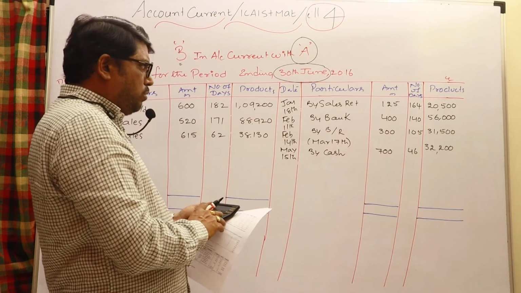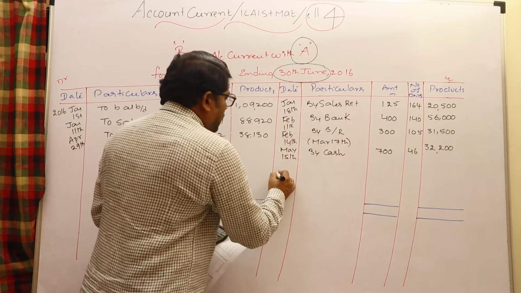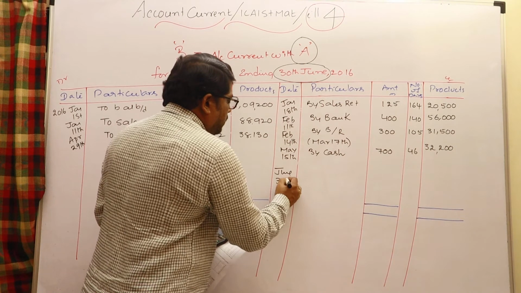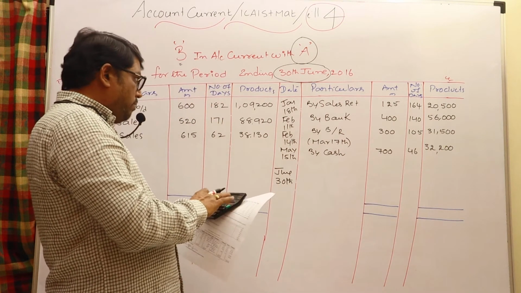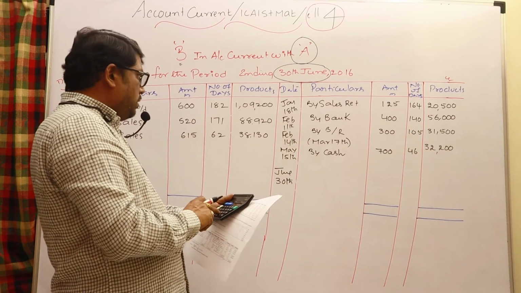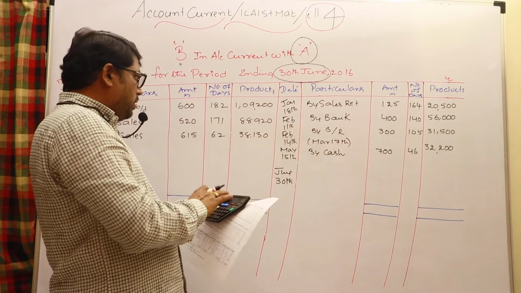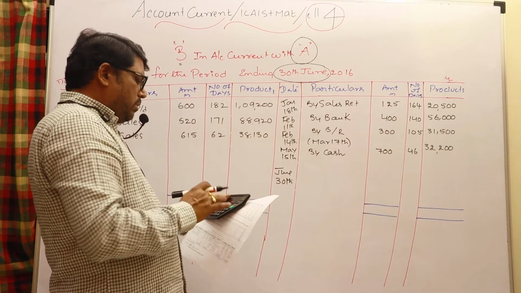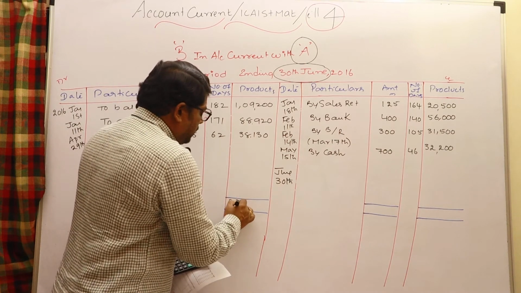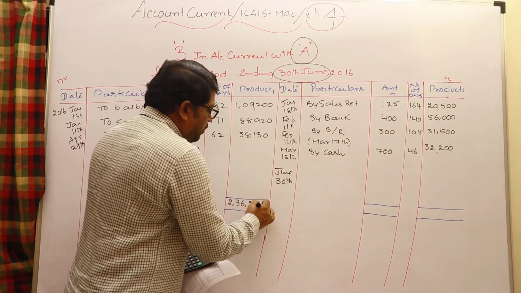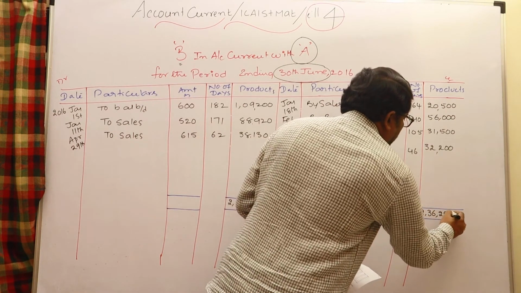Now you have to go for the balance of products. The debit product is more, so go for the balance of product on June 30th. Look at the total of the debit side: 1,09,200 plus 88,920 plus 38,130. The total is 2,36,250. Right side also 2,36,250.